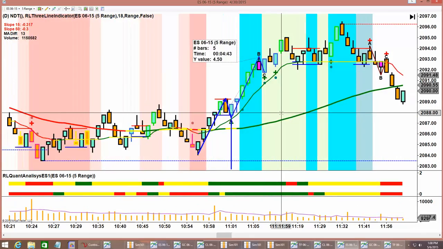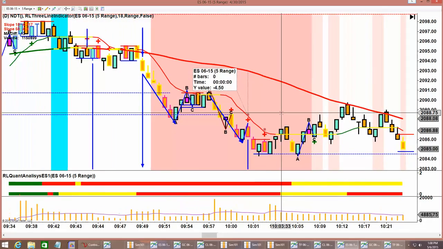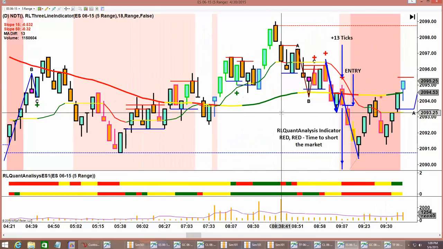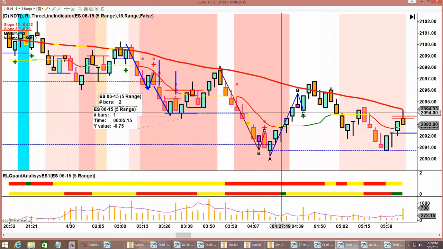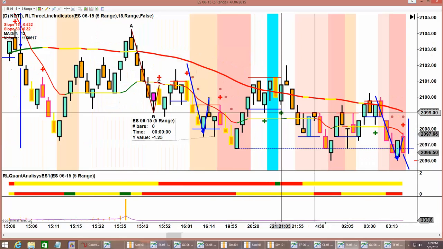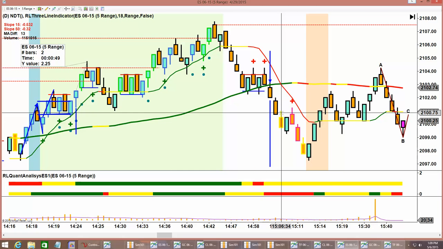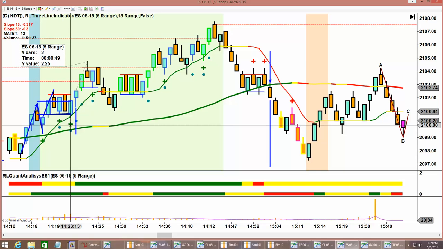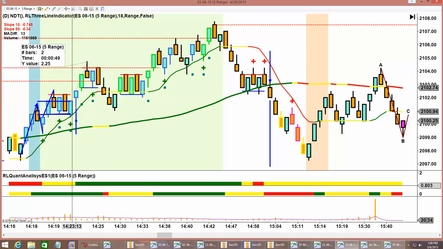Now let me just look at a couple of trades that we haven't looked at yet, and then we're going to move to a different market. So here's a great trade to the upside right here. Again, no dual quant analysis, just the minor line, not the major line, but the major line isn't against you.